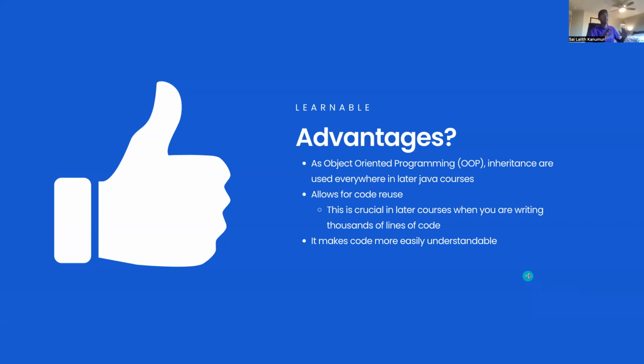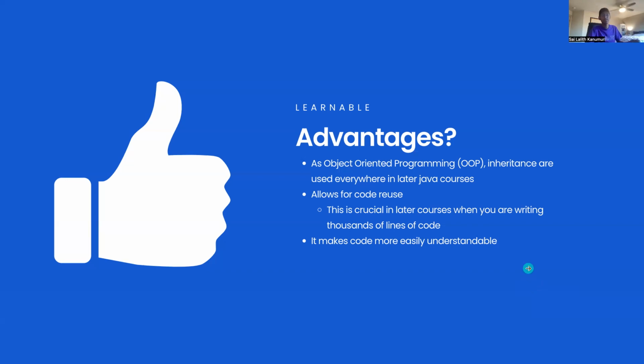So that's why inheritance is used everywhere: to save as much code as possible, reduce memory, and make it as simple as possible for the other programmer to read.